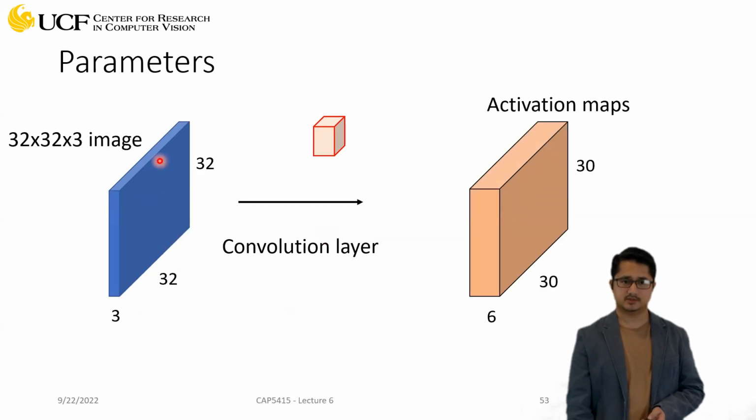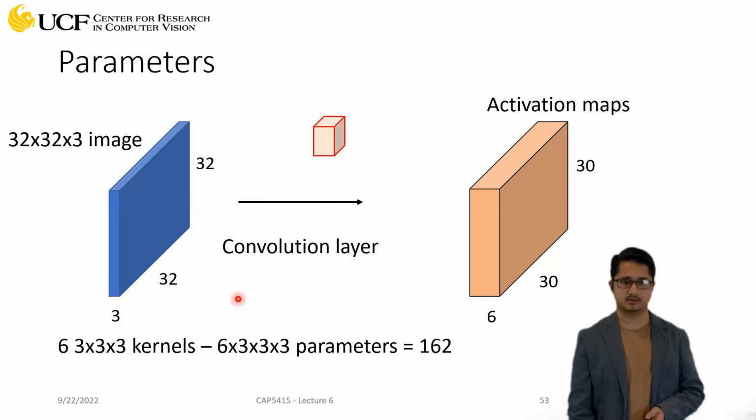So let's say you have this input image and you have a convolution layer, which is some set of filters. Let's say we are using 6 different kernels or 6 different filters. I will use these terms interchangeably, kernels and filters; it means the same thing. The shape of each kernel is 3 cross 3 cross 3.